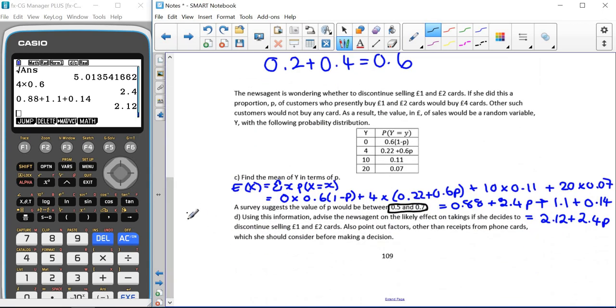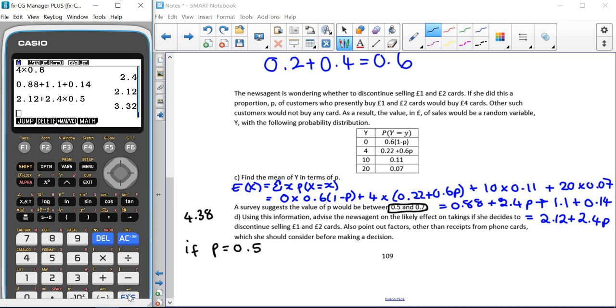So if P is 0.5, looking at the lower end, the pessimistic side of things, then we're going to have 2.12 plus 2.4 times 0.5, which gives us £3.32.